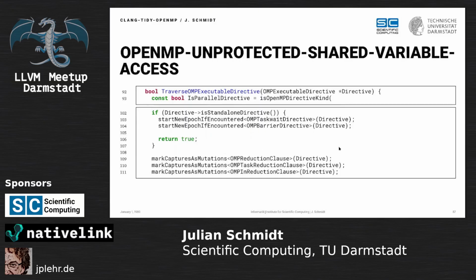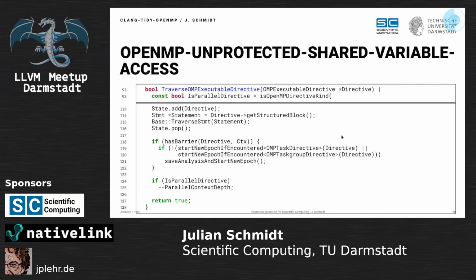And what we do next is handle reduction clauses, because what we specify in the reduction will be mutated, so we mark those as mutations. And now we can go on to change a little bit of the traversal that we want to do, because when we traverse an OpenMP directive, we want to change the state stack.